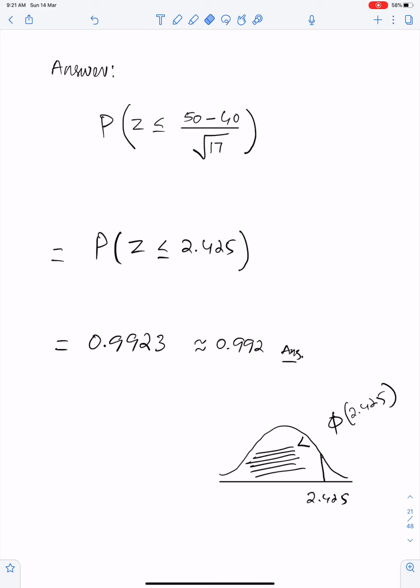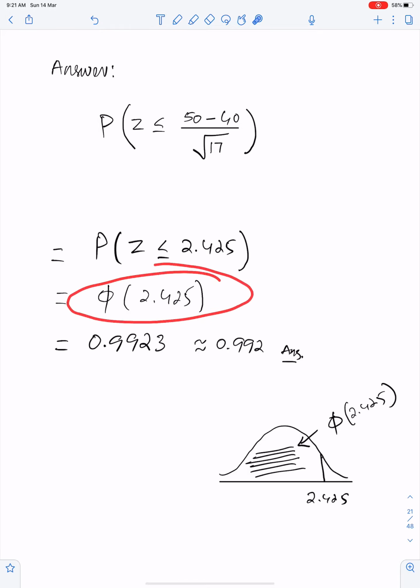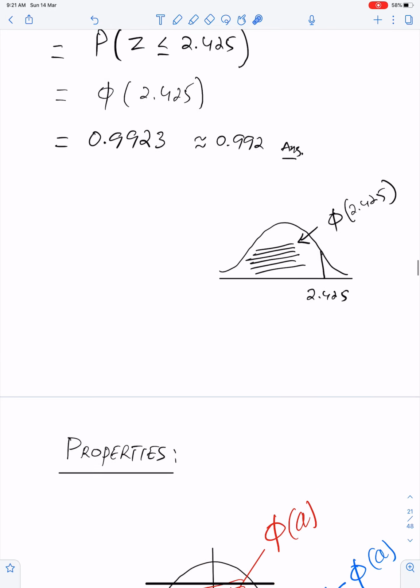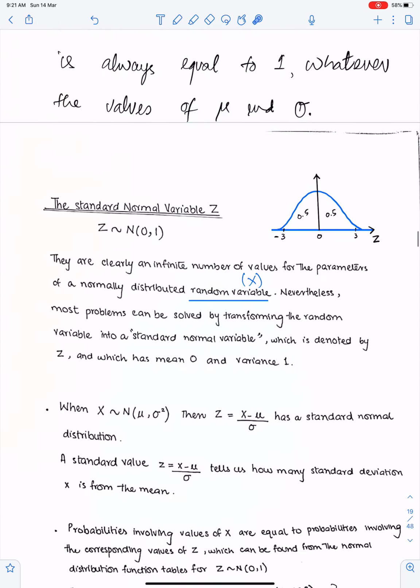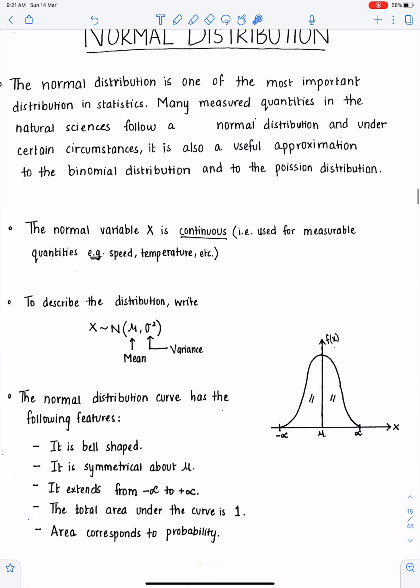It's here. And you all know how to get this value from the table, 2.425. Let me tell you how to get 2.425 from the table.